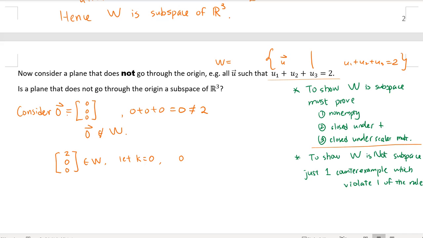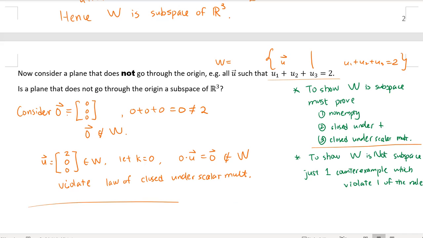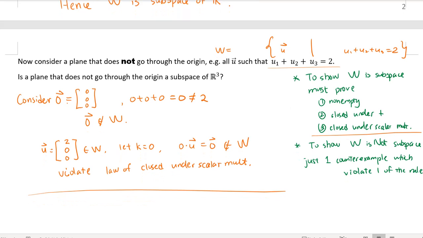Now you can see 0 times U, let's say this is called U, is the 0 vector, and you can see the 0 vector is not in W. So now we have shown it violates the law of closure under scalar multiplication. And then you are done, right? So once you find a counterexample and show it violates one of the rules, you're done.